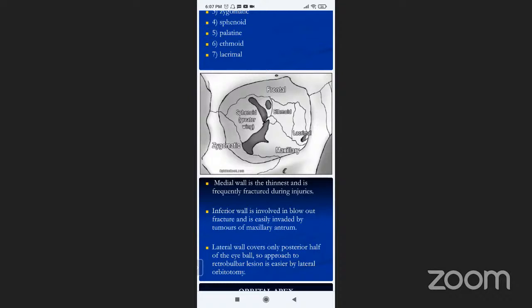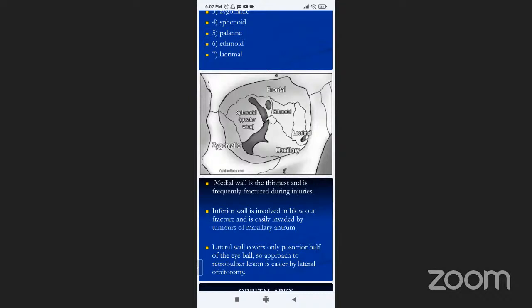That pressure cannot escape out, so it will be dispersed inside the orbit, breaking the thinnest orbital walls. The thinnest portions are in the medial wall as well as in the floor. So these are the walls which get fractured following various accidents or assault involving the face.